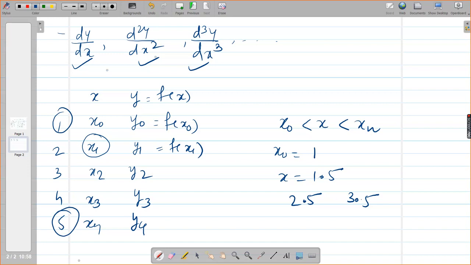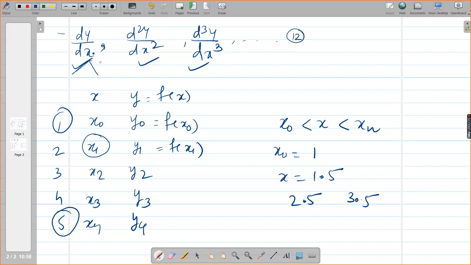So we have a total of 12 formulae we want to study. For dy by dx, we will have two formulae, one for a value in the table and one for a value in the range.